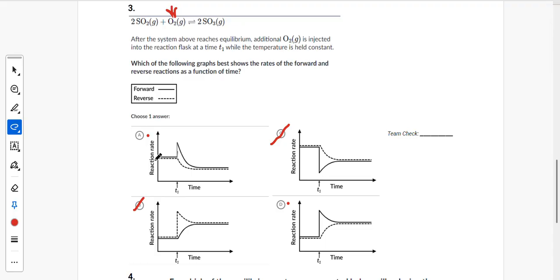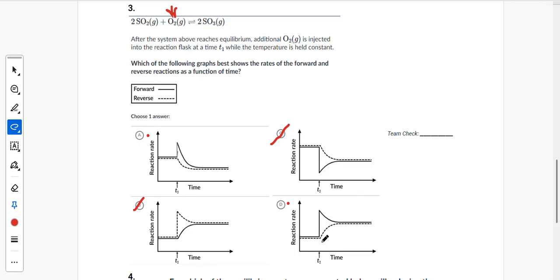With A, our reverse reaction is at this one value, and then it slumps, and then it flattens out. But what's interesting is if we add more of any concentration to an equilibrium, we have this very equilibrium state, and then we make a change.